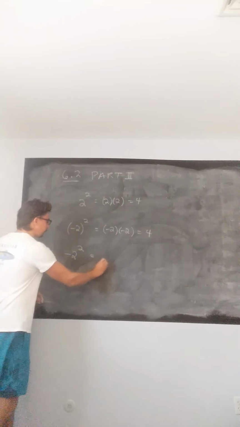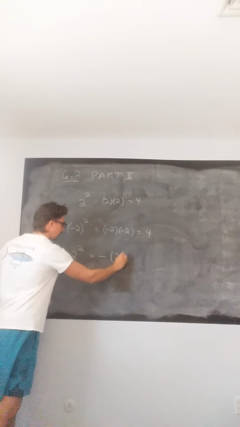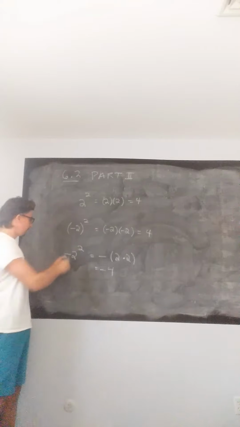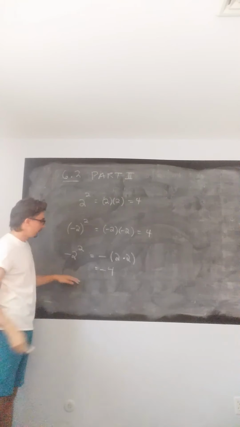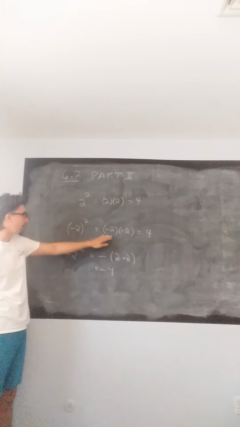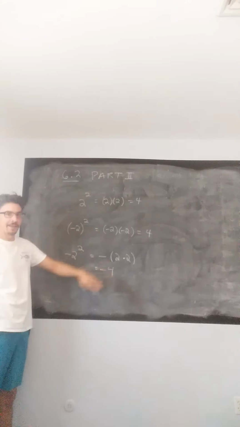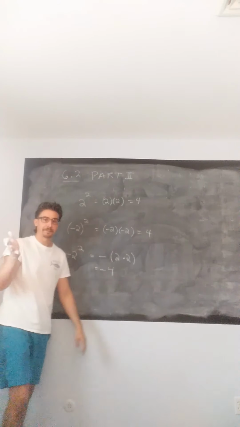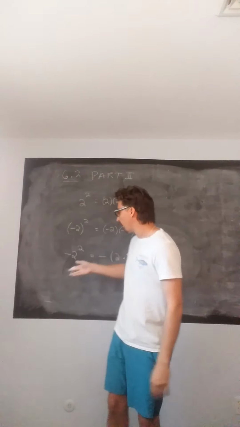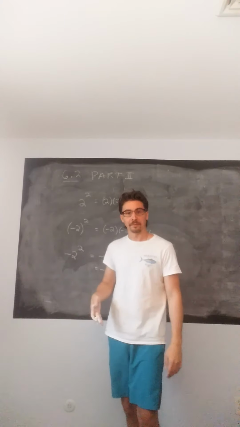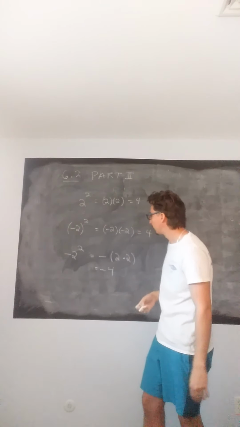What that means is we want the opposite of 2 times 2. So this would give us a negative 4. So parentheses are a big deal. This would be negative 4, while this would be positive 4. And you specifically have to watch out anytime you have an even exponent. It could be either positive or negative, depending on if you have parentheses, okay? So just be a little bit careful of that.